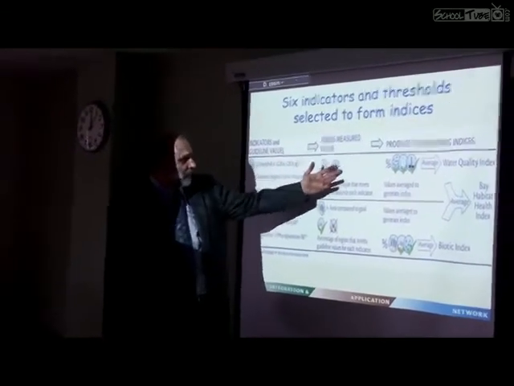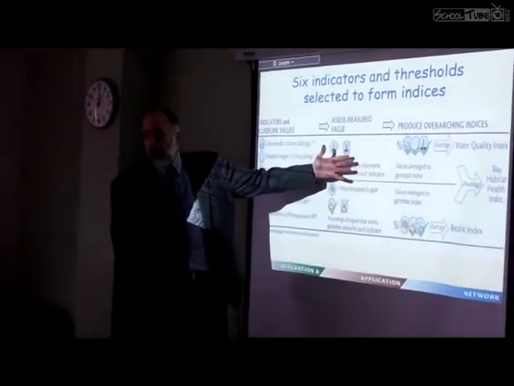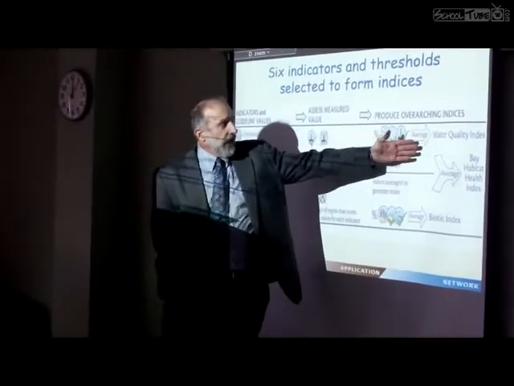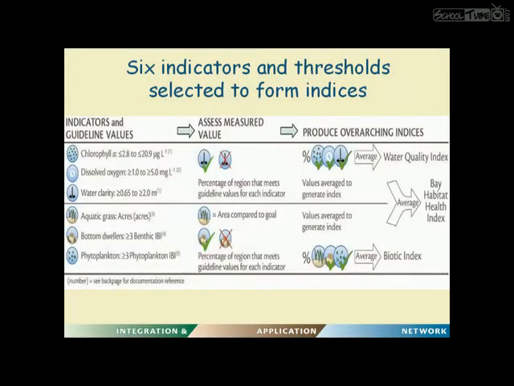Using these thresholds, we measure the ability to achieve those guidelines, and then create a water quality index and a biotic index that we combine together into a Bay Health Index.